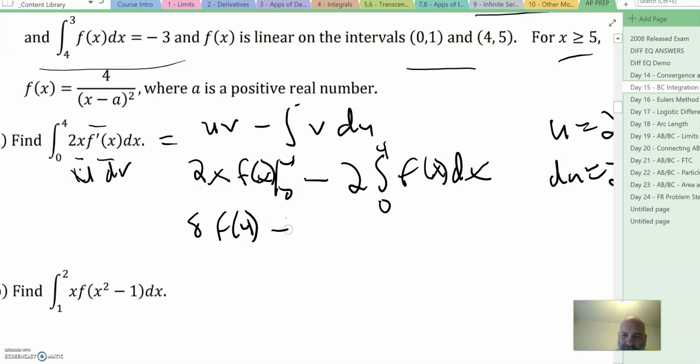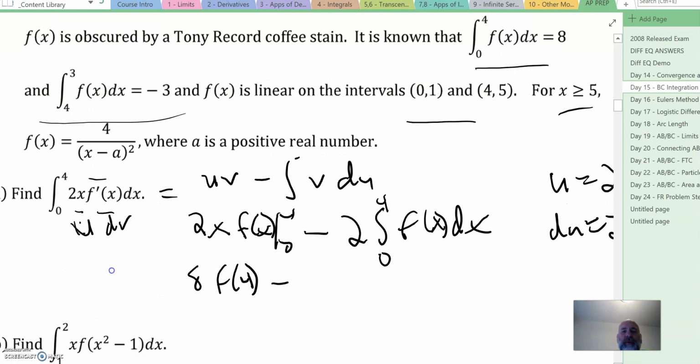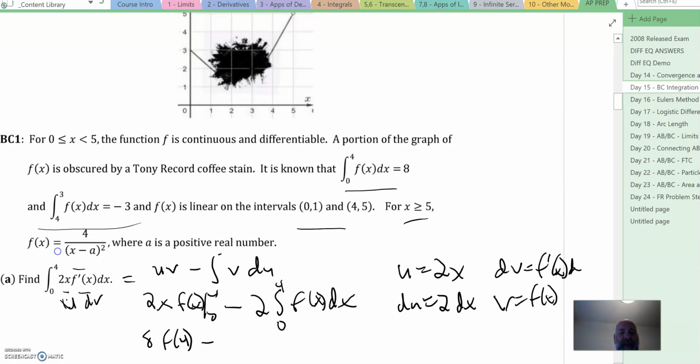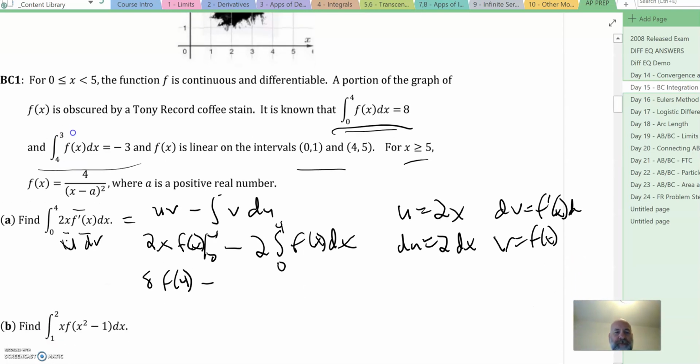And then minus the integral from 0 to 4 of f of x. Well, I'm hoping that they've given me enough information that I can figure it out. And, well, they just gave it to me. So that's what they're doing, is they're giving us this stuff in the problem without giving you a function. And that way you're forced to understand what to do and just do it yourself here.